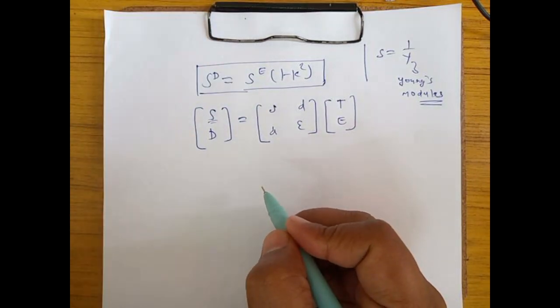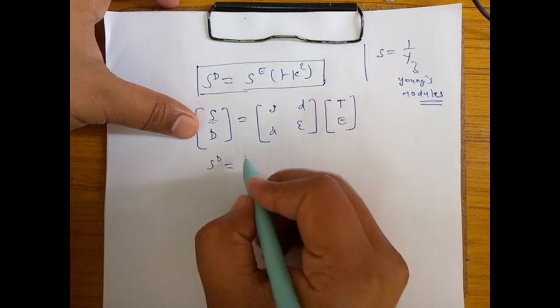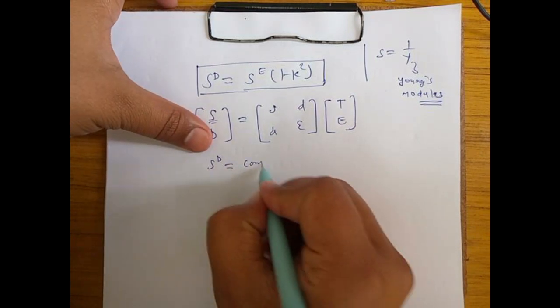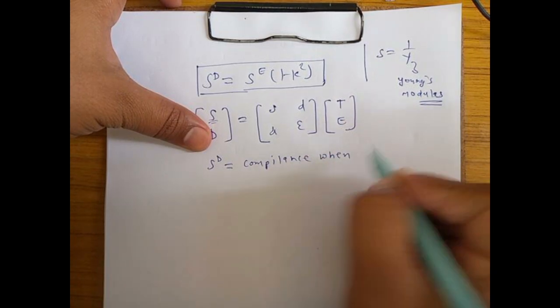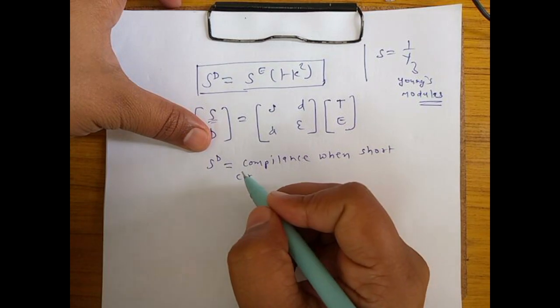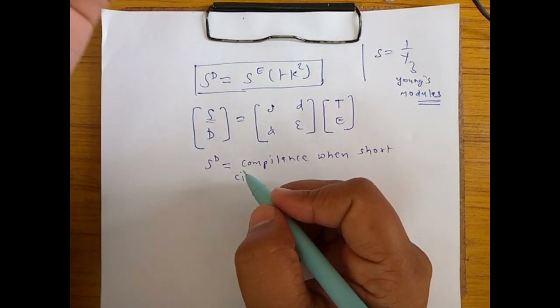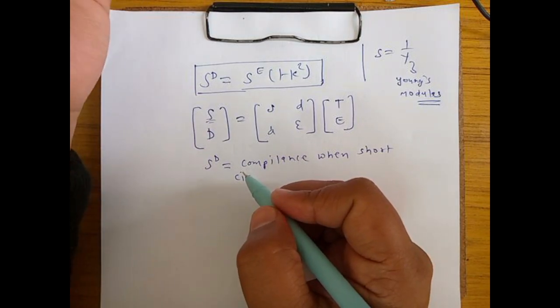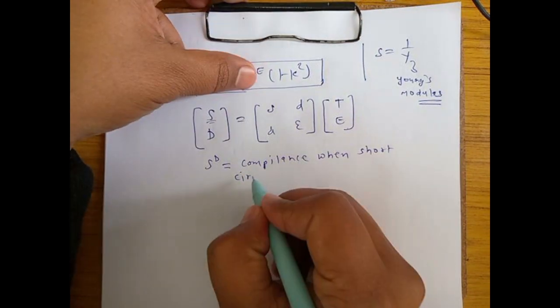So our first case is s^D, which means compliance under the short circuit condition. We already discussed what the short circuit condition and the open circuit condition are. Short circuit condition means electric field is zero. Open circuit condition means electric displacement is zero.